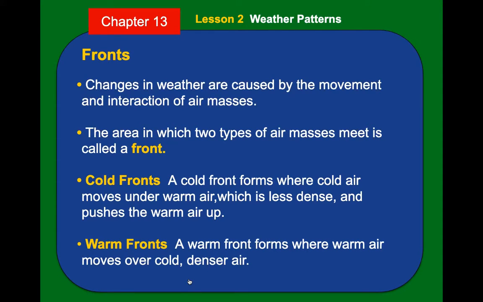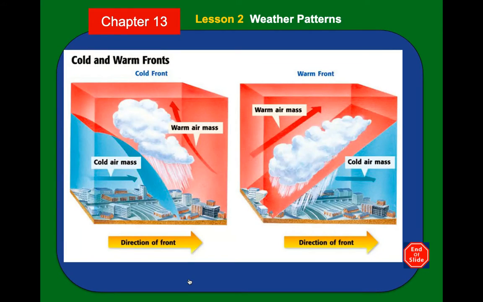As it goes over the top of the cold air mass, that's going to cause some condensation to take place, and precipitation is going to occur. But these usually are not violent storms like we get with cold fronts. It's also going to bring warmer temperatures behind it because, again, it's the warm air mass that's pushing the cold air out of the way.